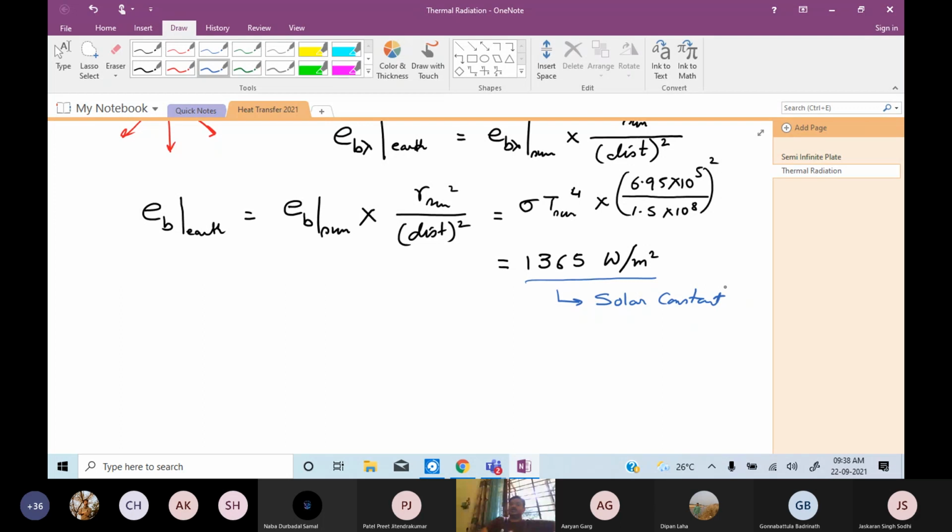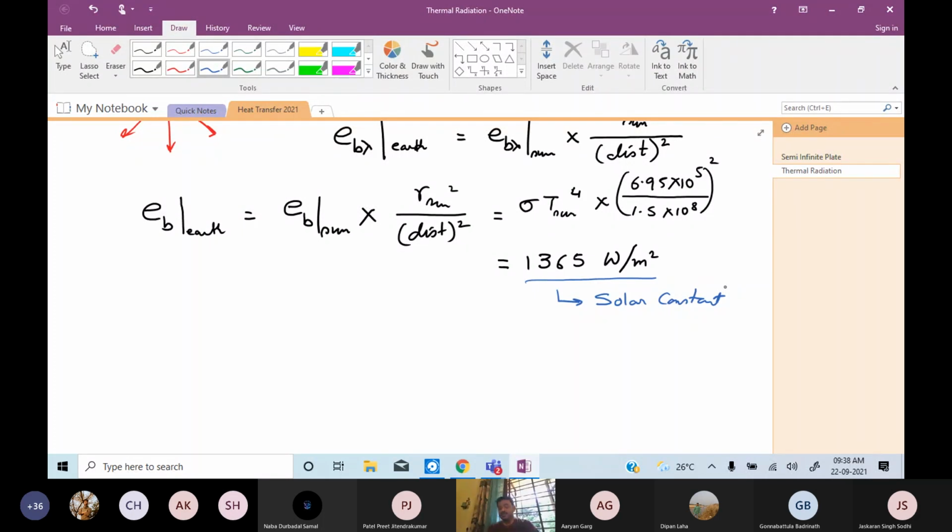After that, it depends on your solar panel. How efficient is it? How much of it can be converted to electricity? Whether it's solar photovoltaic or you're using it as a solar thermal power plant, how efficiently can I use the sun's energy?